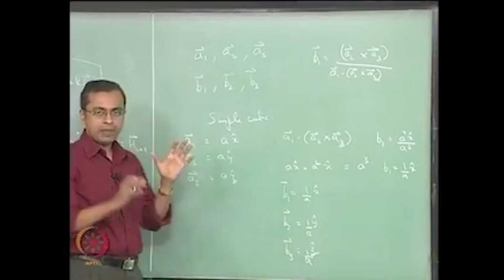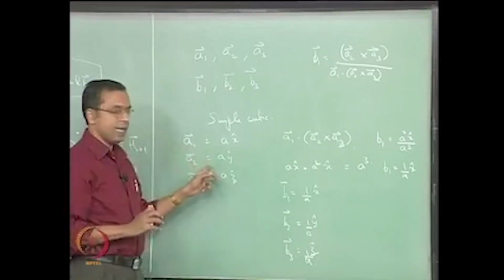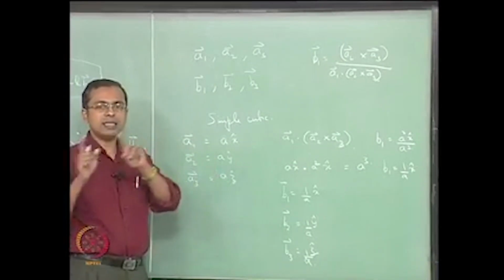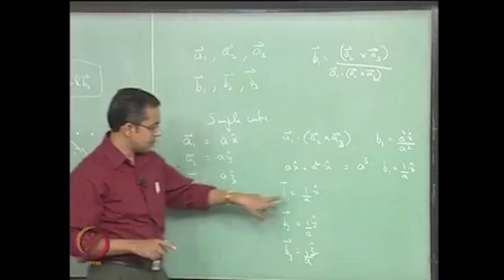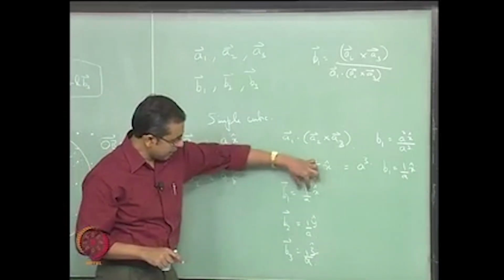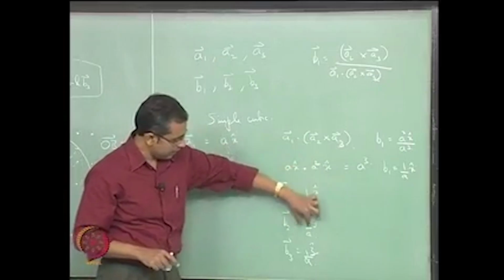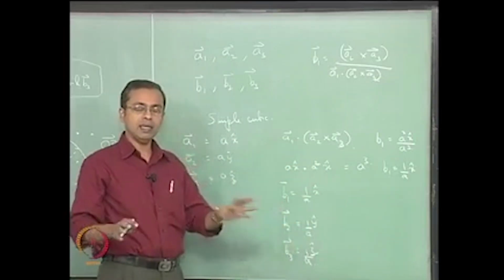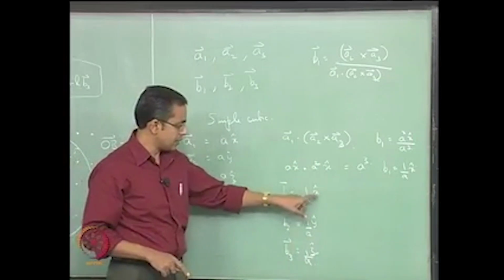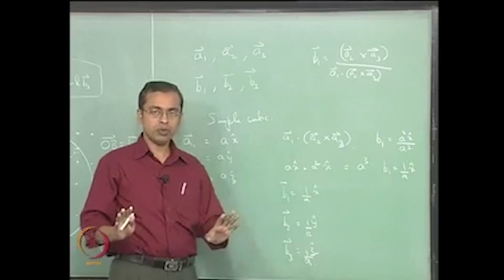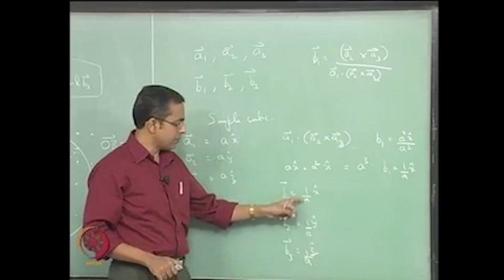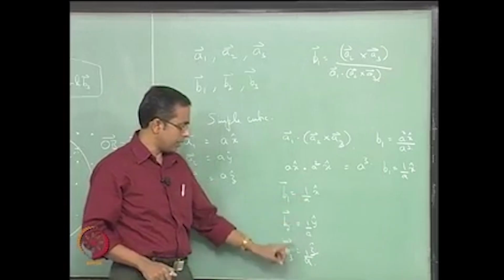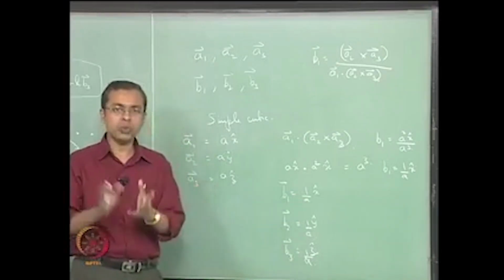So if you take a simple cube of side A, its representation in reciprocal space will continue to be a simple cube, because the magnitudes are the same, 1 by A, 1 by A, 1 by A. We have 3 mutually perpendicular directions x, y and z, along which we travel the same distance 1 by A. So we continue to have a cube.